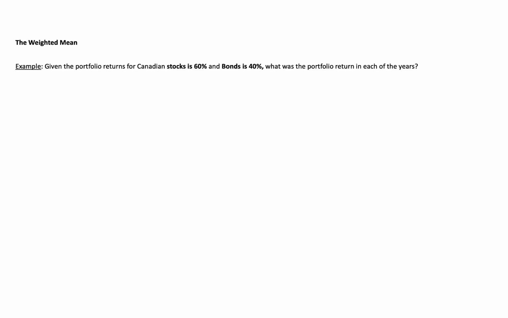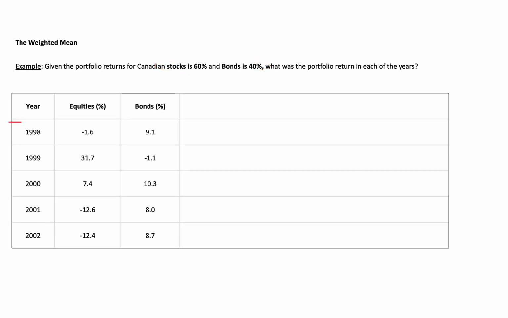Let's go on to the weighted mean. The best way to understand that is to look at an example. Suppose I have a portfolio return for Canadian stocks, which is 60% made of stocks and 40% made of bonds. What is the portfolio return in each of the years here from 1998 to 2002?